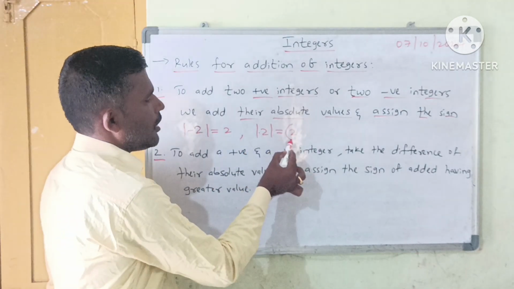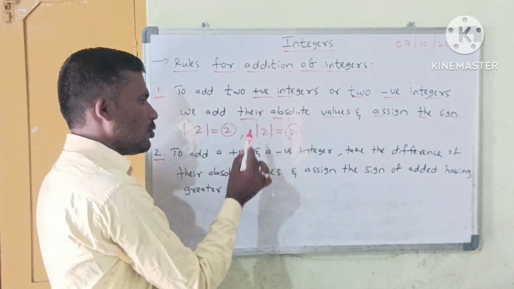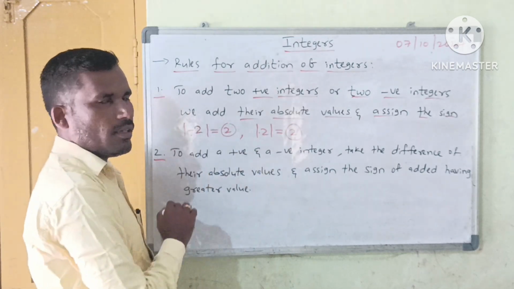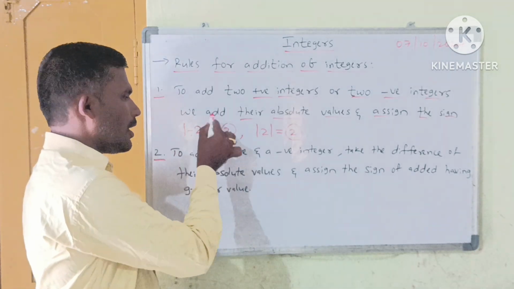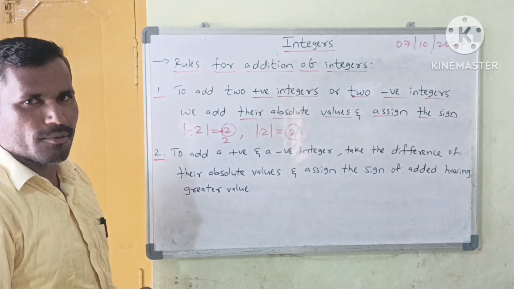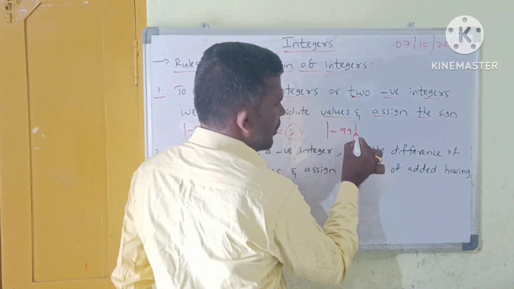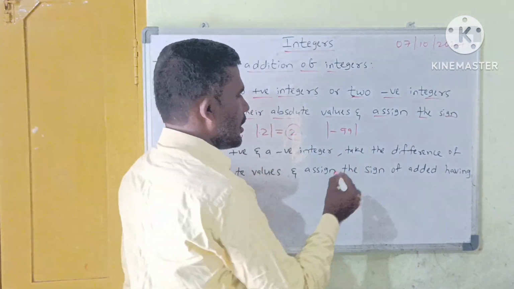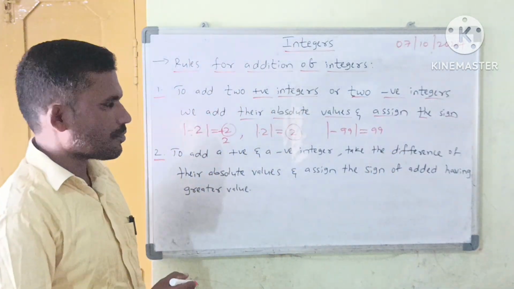So you always get a positive value. For example, the absolute value of minus 99 is 99 only.